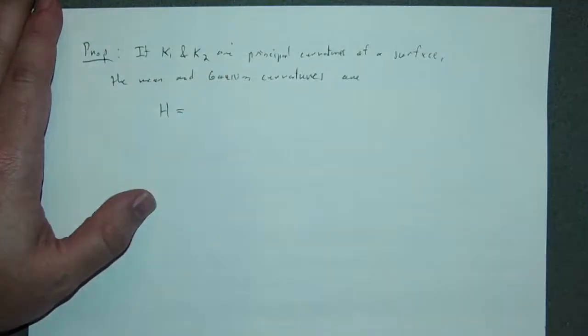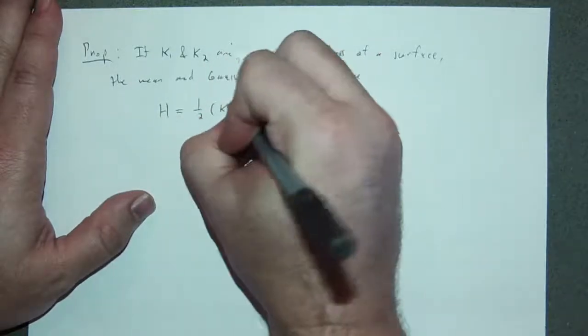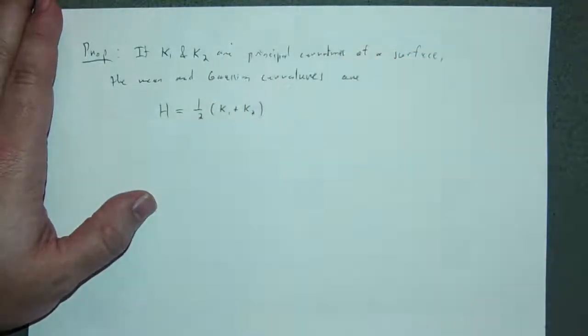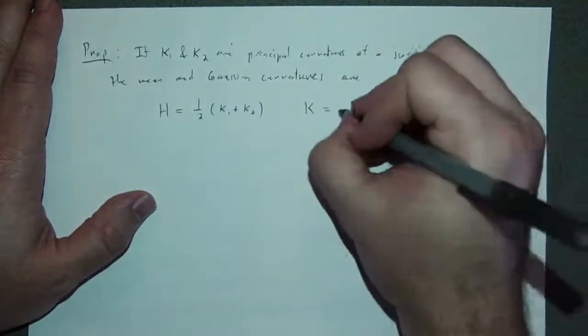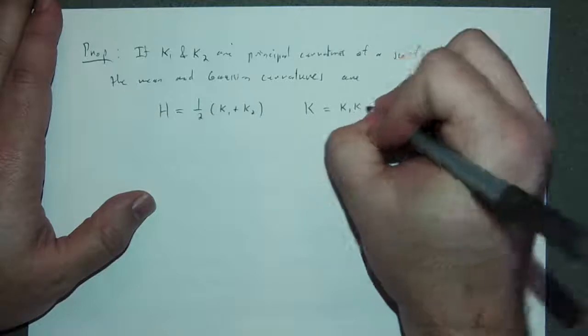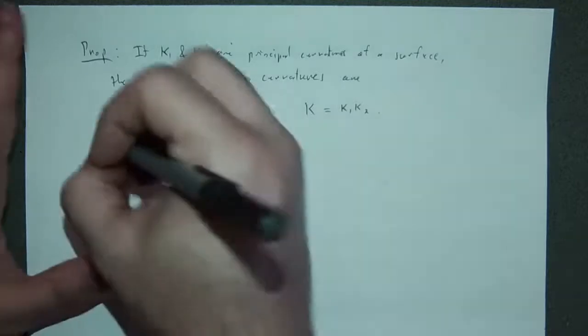The mean curvature is the average of the principal curvatures, and the Gaussian curvature is the product of the principal curvatures.